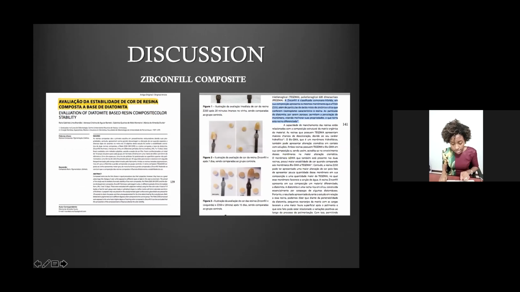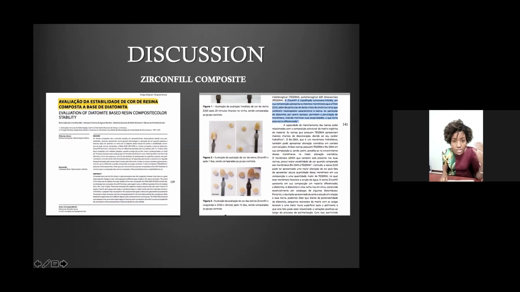That study shows that the Zircon composite has more color stability than the other one, which was the Filtek Z250. This type of comparison of color stability was good to show that in this kind of resin that has diatomite, we have more color stability than others, because color stability is one of the biggest problems in the restoration of anterior teeth.